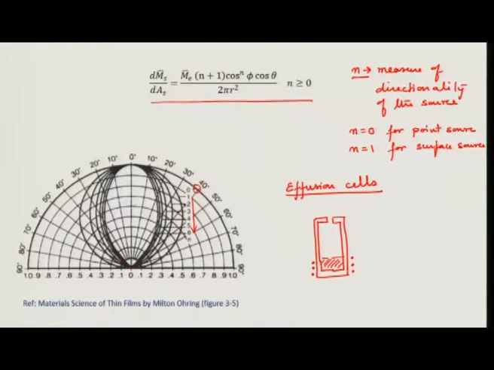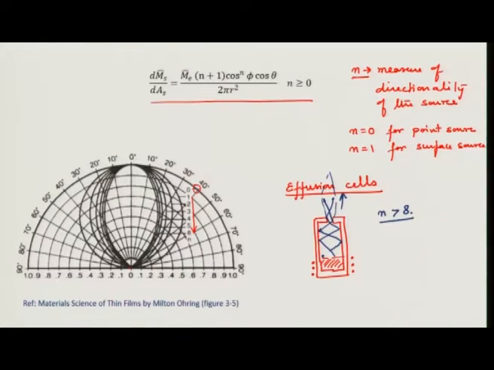Now, when the material evaporates from this effusion cell, the atoms go and collide with the walls of the crucible, and they come out in a very narrow distribution of angles. So, the material is not going in all directions, it is a highly directional source, and such a source would have n more than 8.